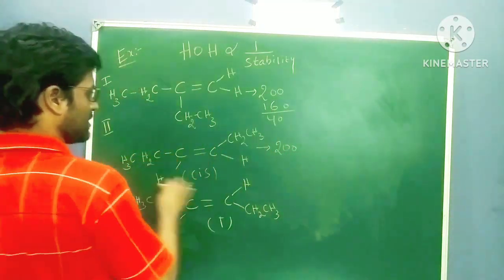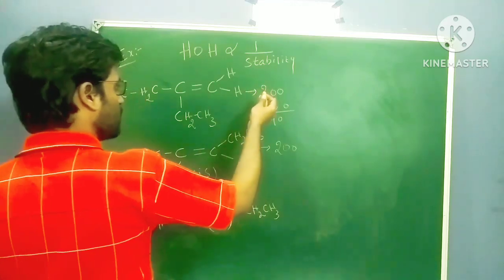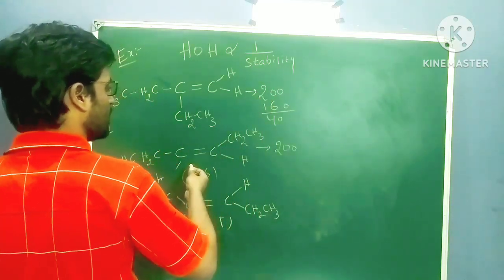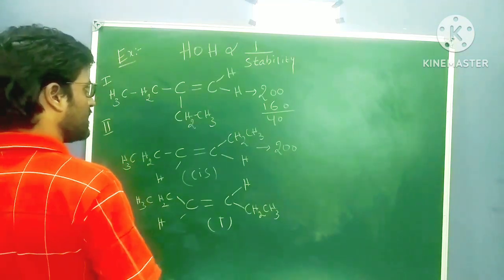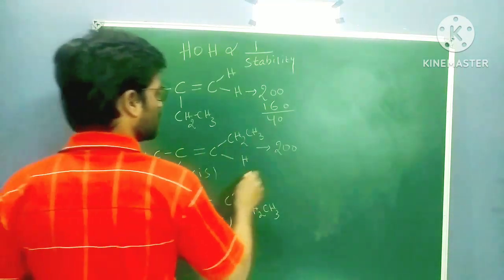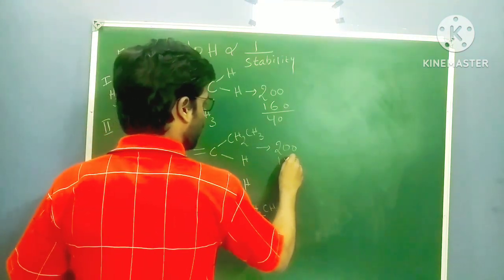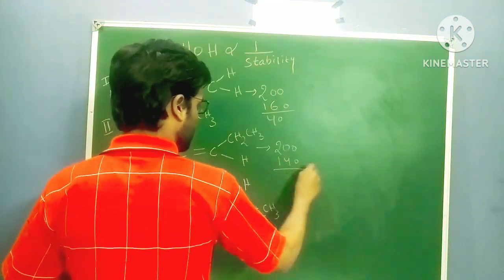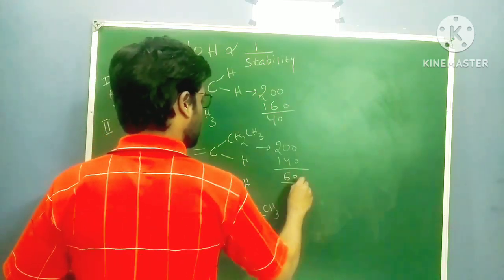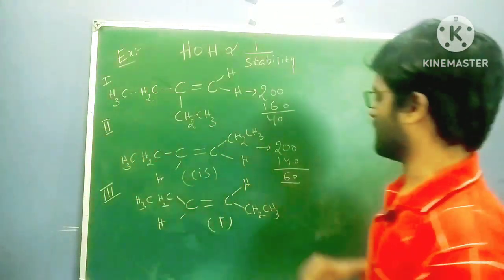Suppose this one is less stable. Then, because this bond is weak, to proceed the reaction it takes less energy. Suppose it is taking 140 kilojoule per mole. The remaining energy, 200 minus 140, that is 60 kilojoule per mole, is released here.